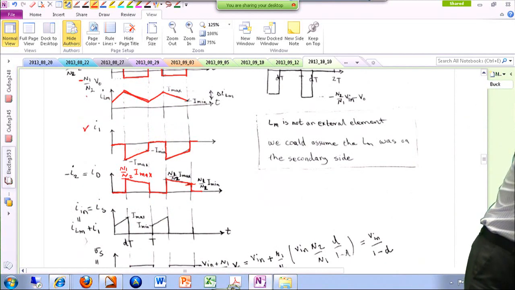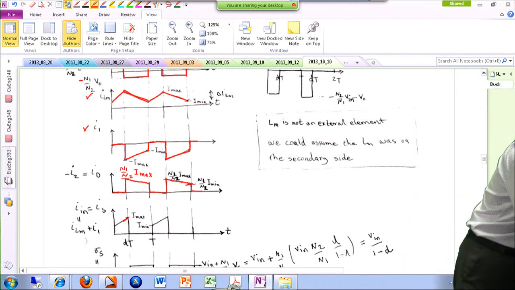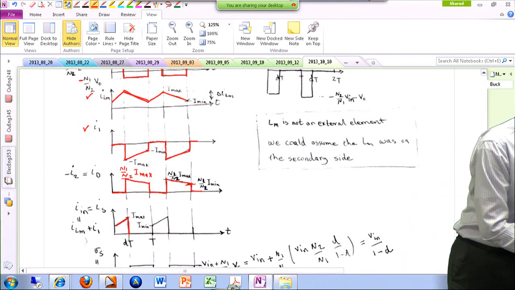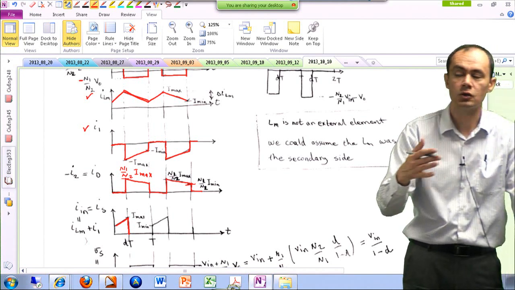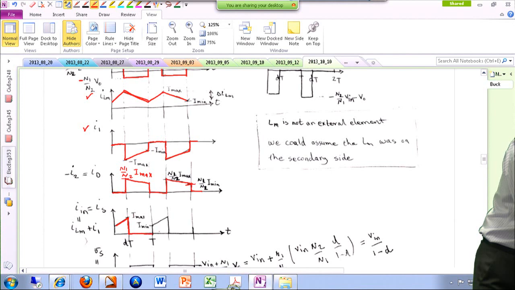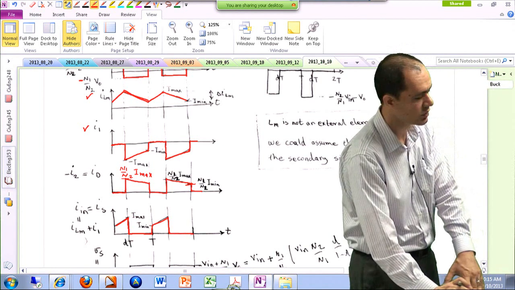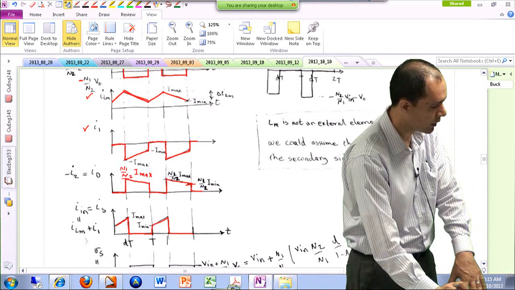All I have to do is just add it with ILM to find the input current. So in the first mode, we have non-zero current going on, an indication that you are using your source to charge the system. In the second mode, nothing is going on, and this also looks like the input current of the buck boost topology. All right, it's discontinuous, unfortunately, and that's one of the disadvantages of the flyback converter.